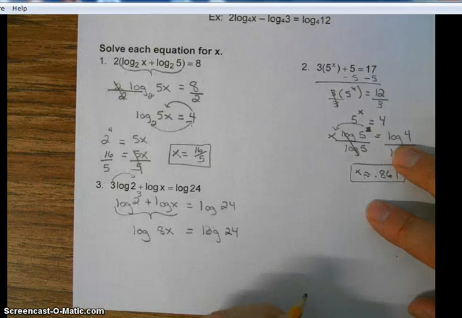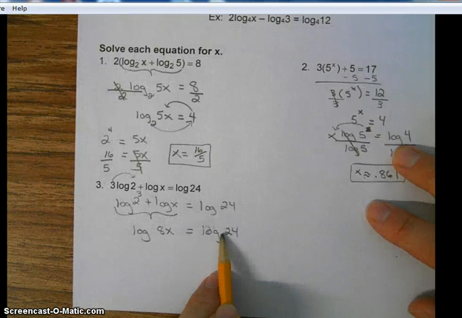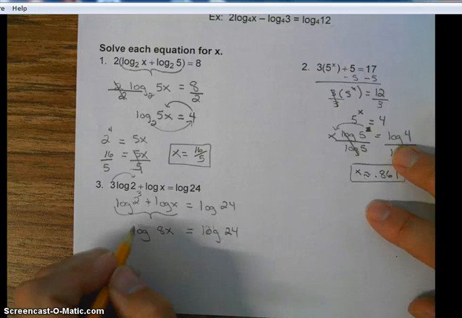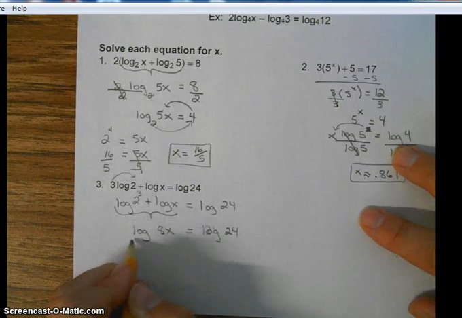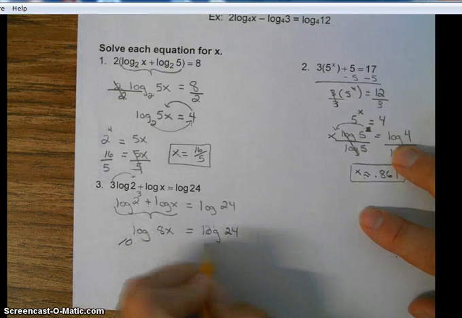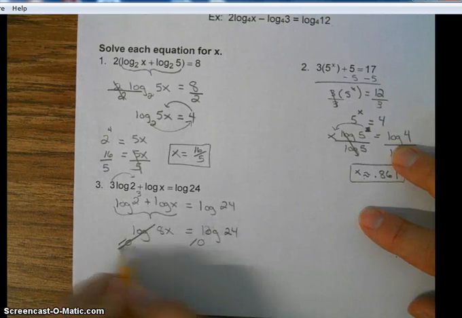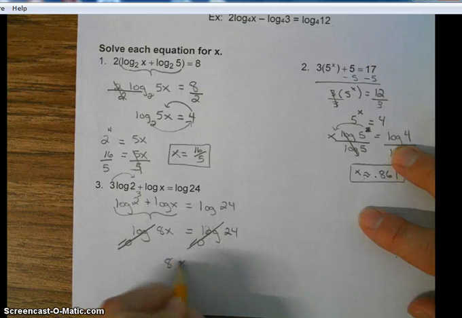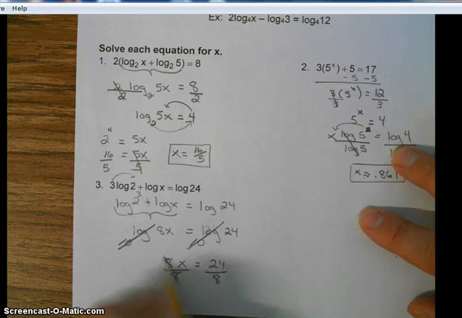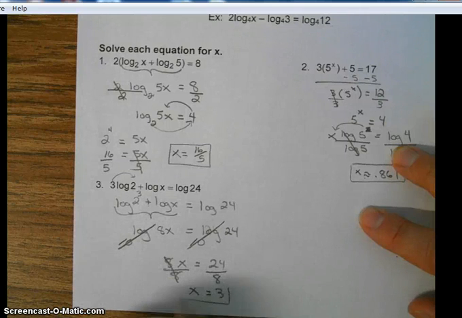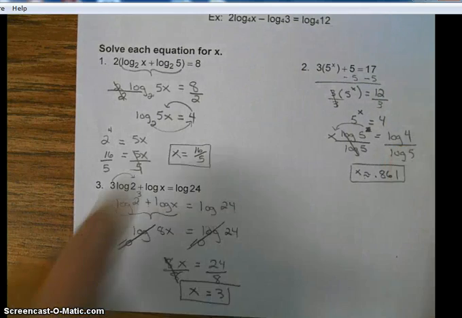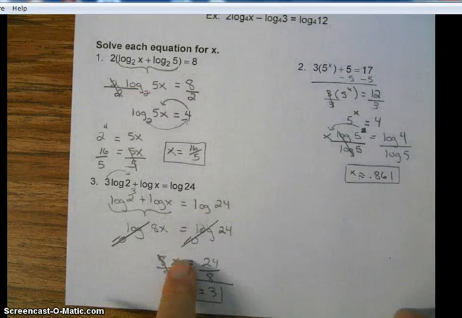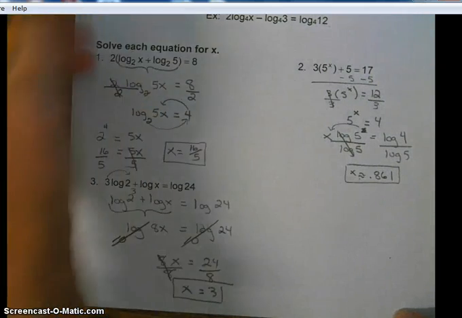So the property says that once you have one log equal to another log, as long as the bases are the same, we can raise both sides to base 10. So that cancels it out. So 8x equals 24. And x equals 3. So 3 types of problems that you're looking at, okay, and you need to know what to do when you see them.